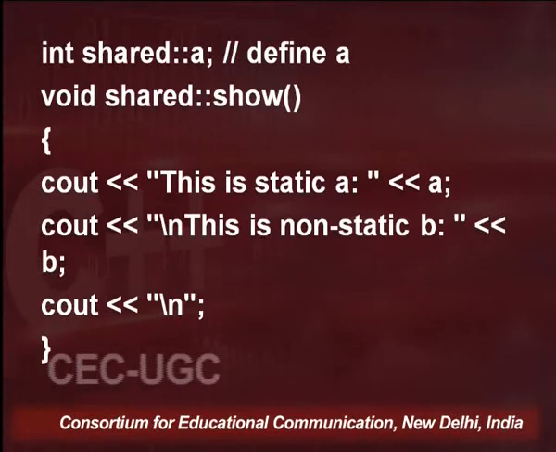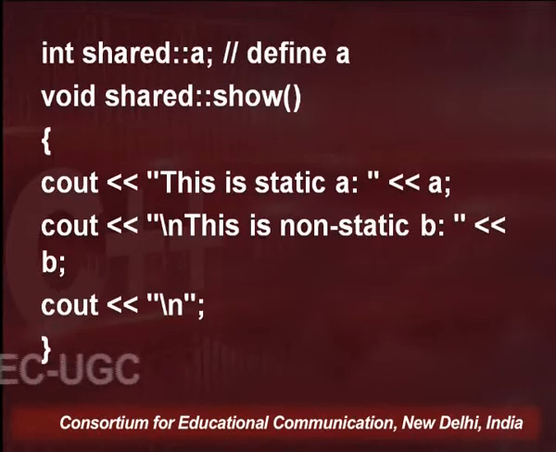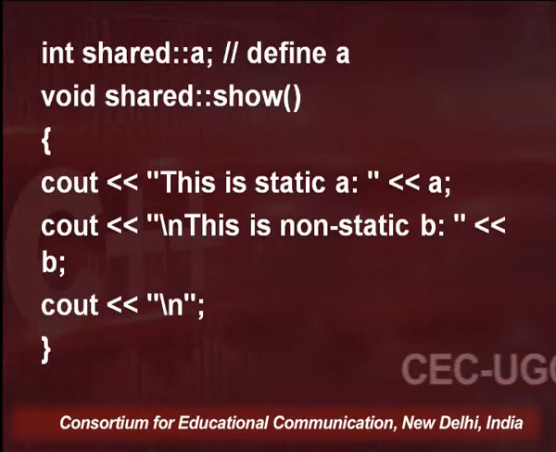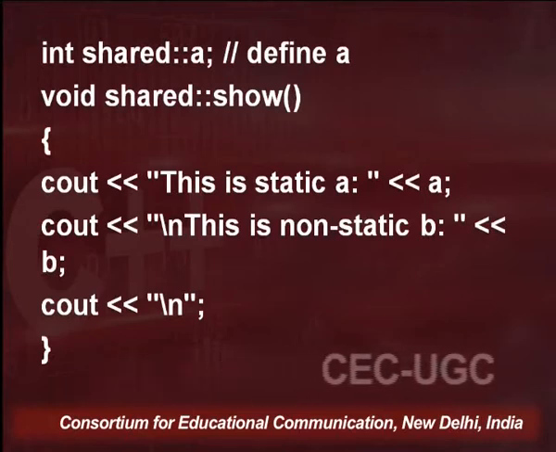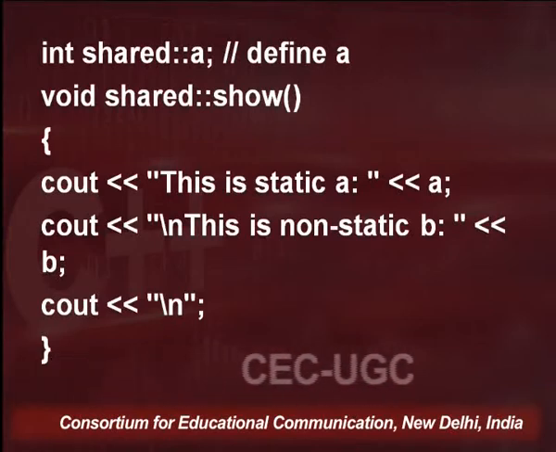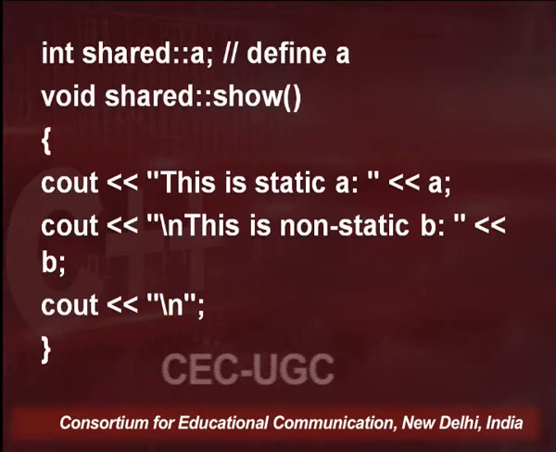Outside the class I am going to say integer a, but as it is a static variable and only one copy of it is going to be created, here we need to tell which particular class this copy belongs to, because a is a member variable defined inside the class. So instead of just saying int a, we will say int shared, which is the name of the class, then double colon, which is the scope resolution operator, and then a.